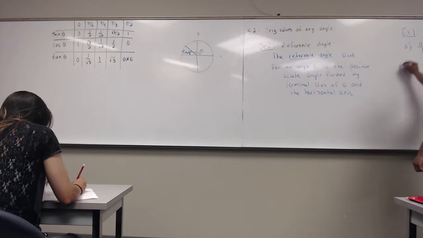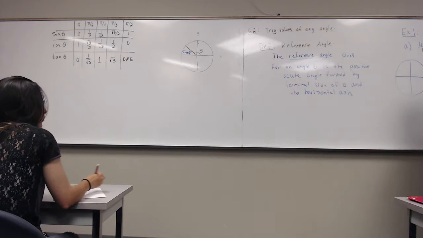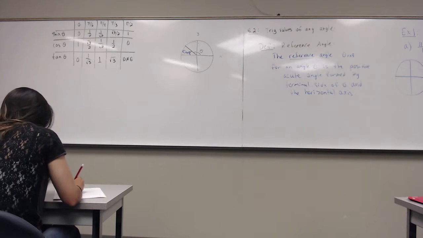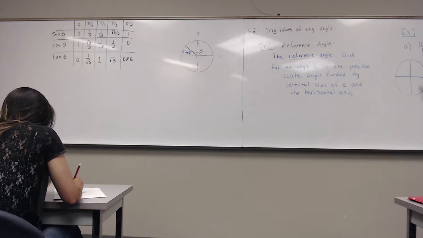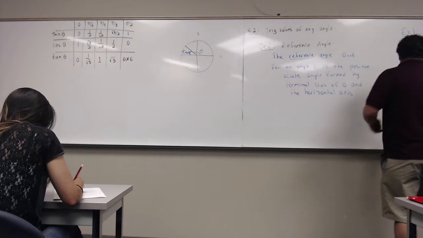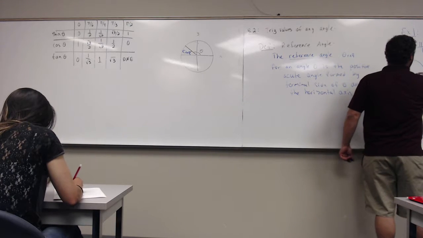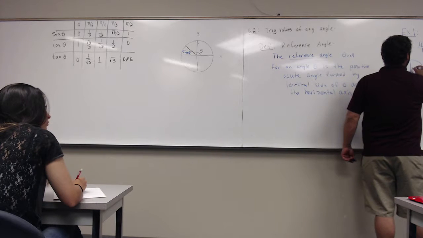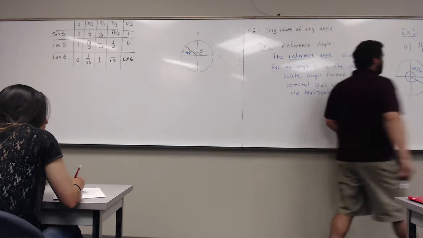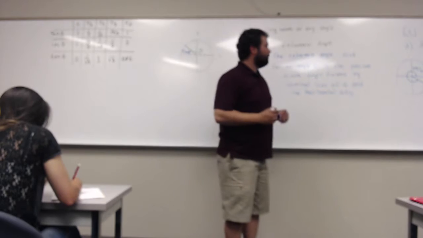Okay, so a picture always helps. So 11 pi over 6, which quadrant is that angle's terminal side going to be in? That'll be down here in the fourth. So the angle from the positive x-axis to this terminal side, that's going to be 11 pi over 6.